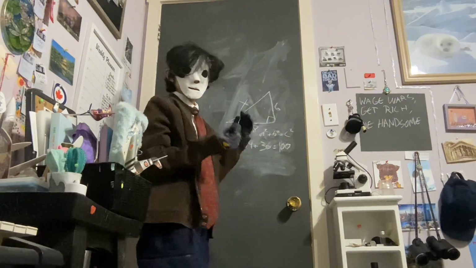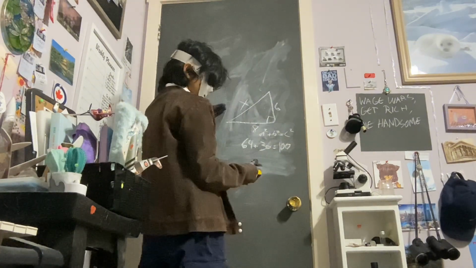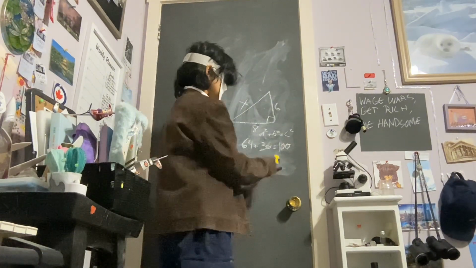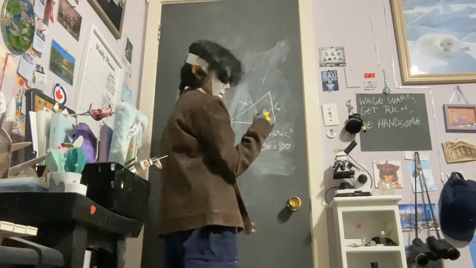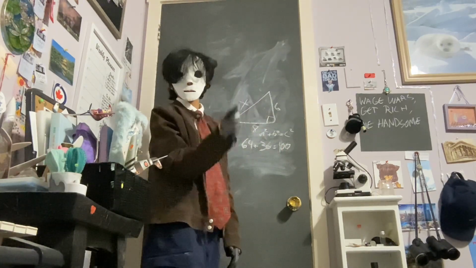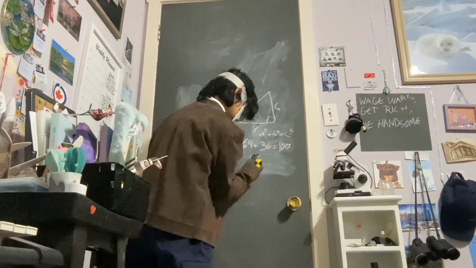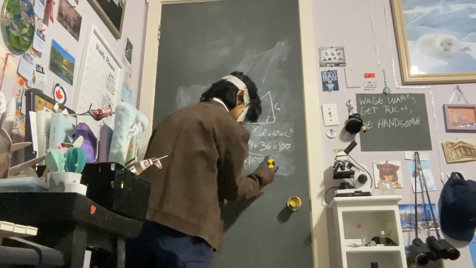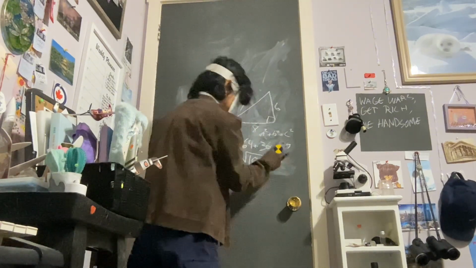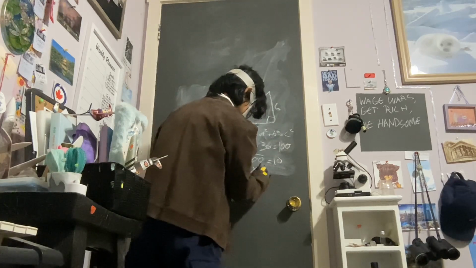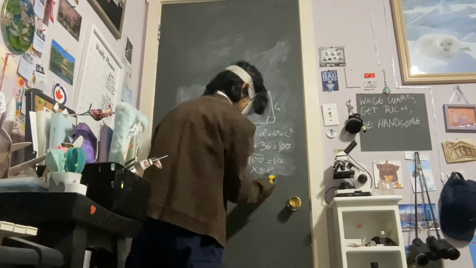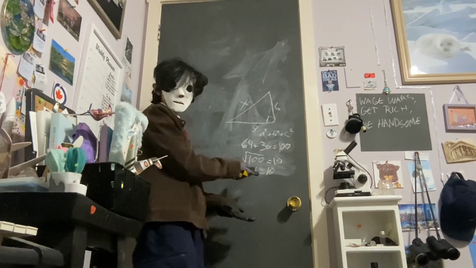One, it's much too small to be 100 units in length. So 100 is not our answer. We need to find the square root of 100. The square root of 100 is 10. So that means that X is equal to 10. Ta-da!